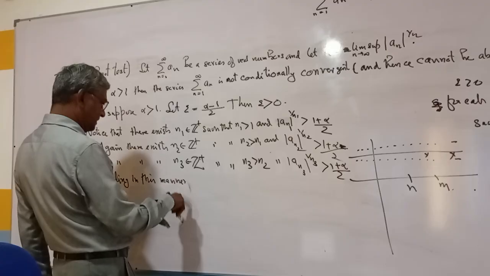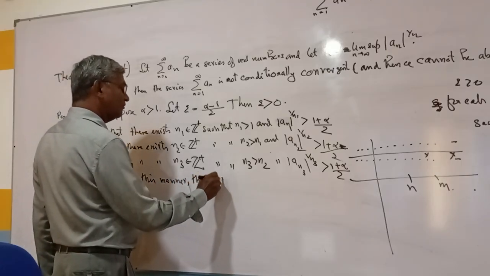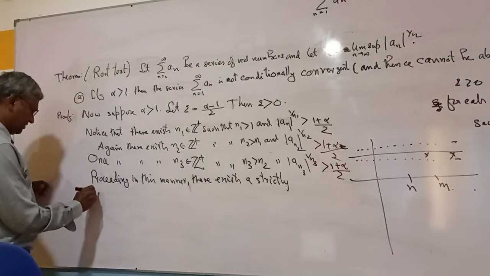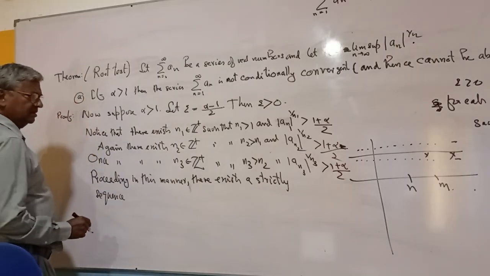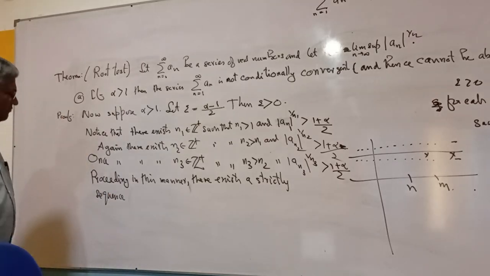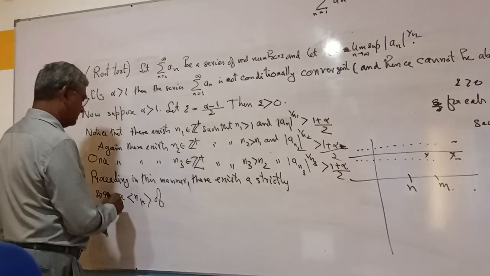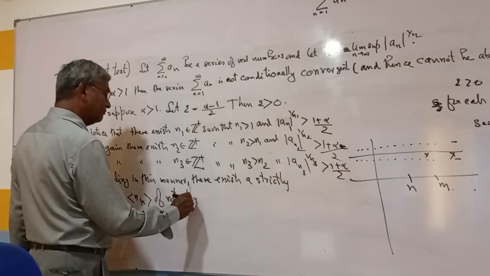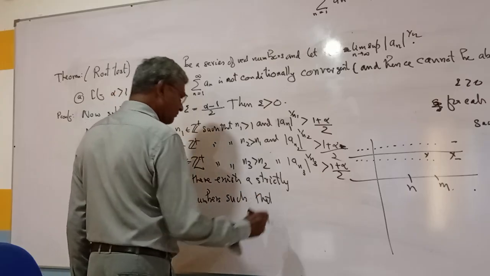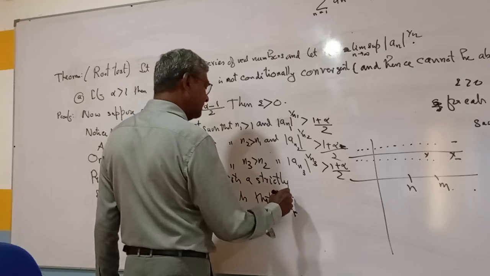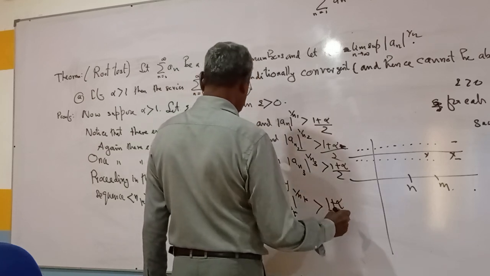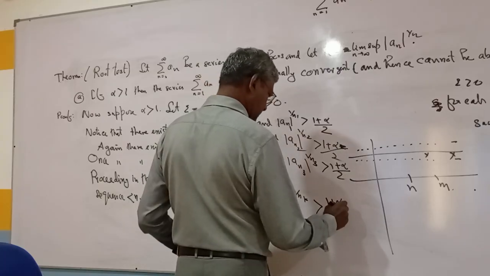there exists a strictly increasing sequence n_k of natural numbers such that mod a_nk raised to the power 1 over n_k is greater than (1 plus alpha) by 2 for each k.